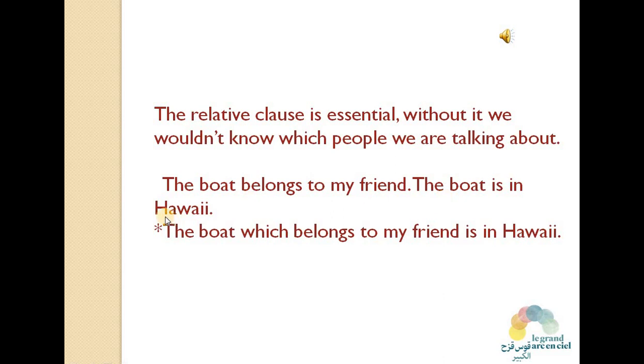So what we have in common here is the boat, so we can combine the two sentences by replacing the boat with the relative pronoun which. So the boat is the subject of the first sentence and the subject in the second sentence. We will have the following sentence. The boat, which belongs to my friend, is in Hawaii.